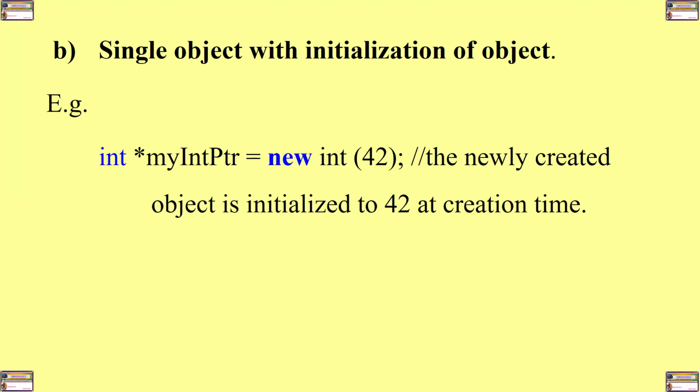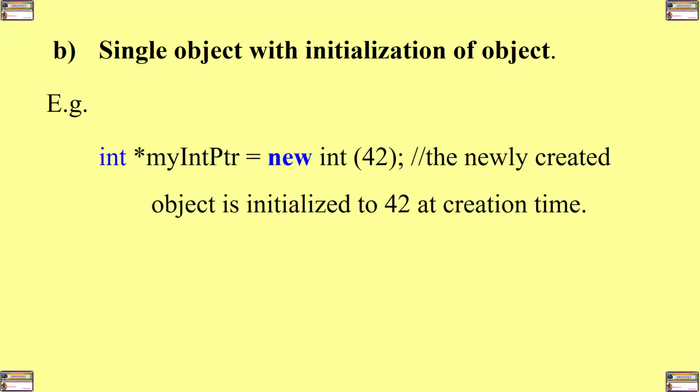So in this case, we are creating an object of type integer, initializing that object with the value 42, and then assigning the address of that object to the pointer called myIntPointer, which of course is of type integer.